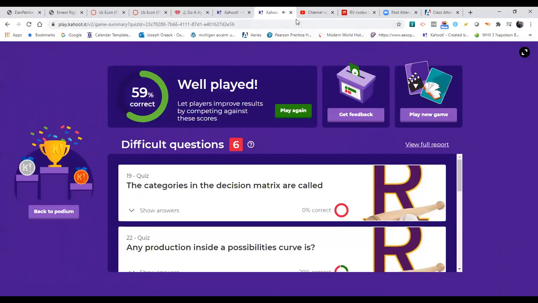Okay, so a couple of things. One, and I'll share this with you. Bring it up. A decision matrix for large purchases would look something like this.